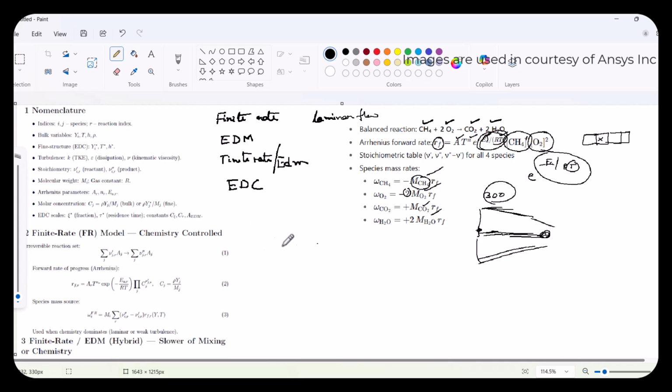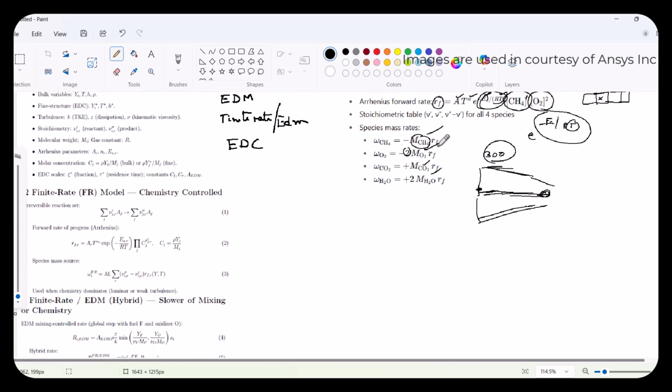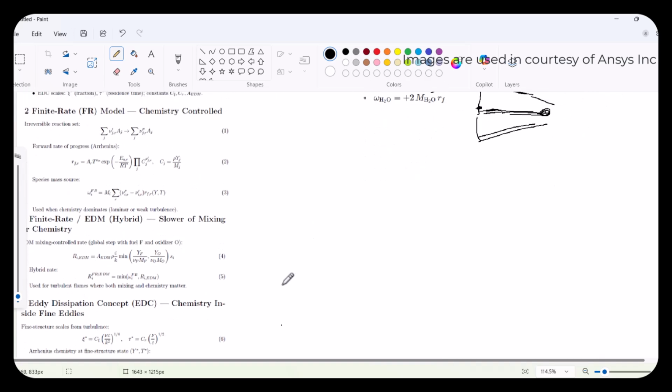Now in the eddy dissipation model, what you need to find is R_F, the reaction rate for the eddy dissipation model. This is the formula for the eddy dissipation model. Here we are taking the species fraction: this species fraction is for fuel, and this species fraction is for oxidizer or oxygen.